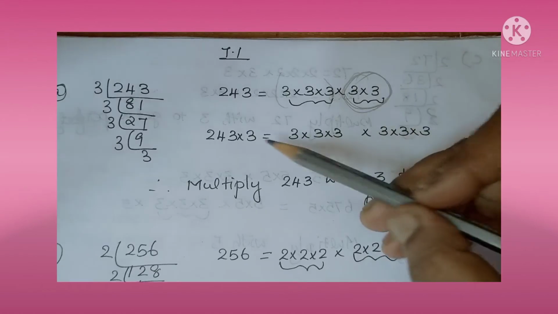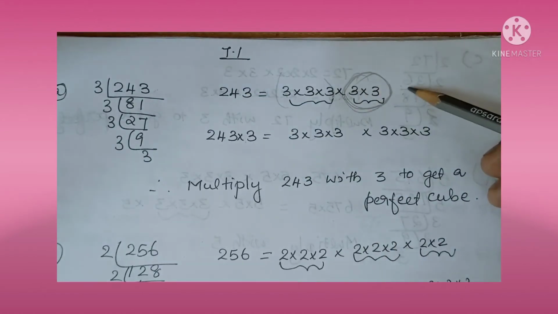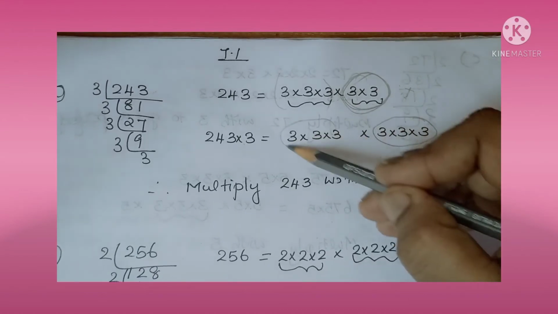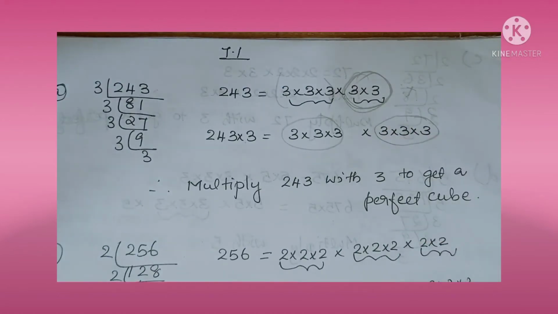So we want to multiply 243 by 3. Then we can easily take 2 sets, in each set containing 3 3s.